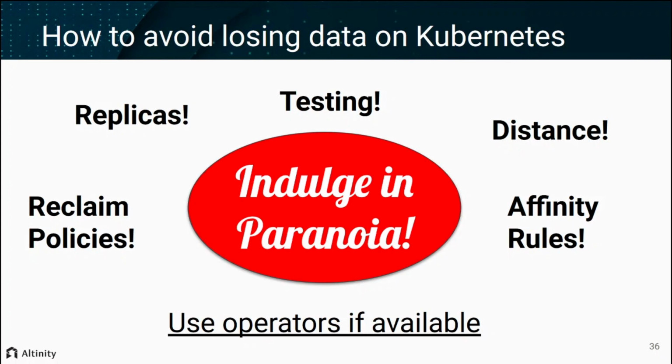Use reclaim policies to protect your storage, and then finally just test the daylights out of everything. If you're in data, this just becomes part of you: anytime you have data, do all kinds of tests on it, because this is the best way to find problems before they actually occur. And then finally, if you have operators available, check them out and use them. They're a wonderful feature of Kubernetes and very, very useful.